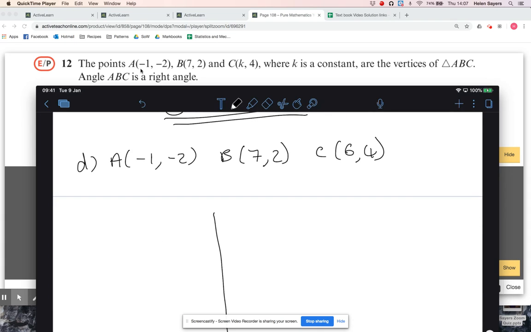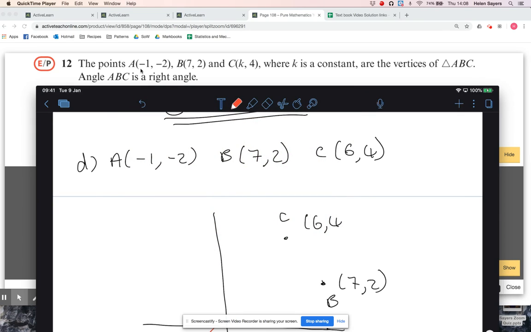So just do a really rough sketch of that. So -1, -2 can be about there. 7, 2, let's put that about there. And 6, 4 can be about there. So that was A, that was B, and that was C.